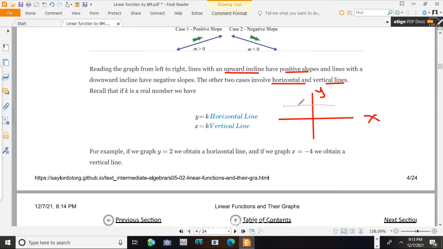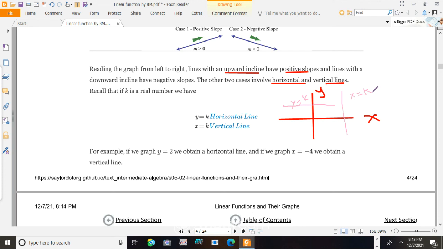For example, this is a vertical line like this one.